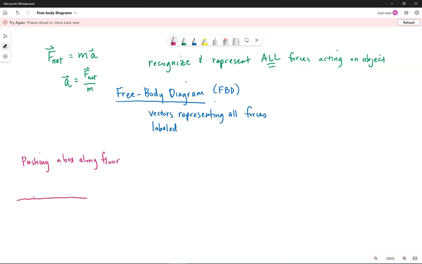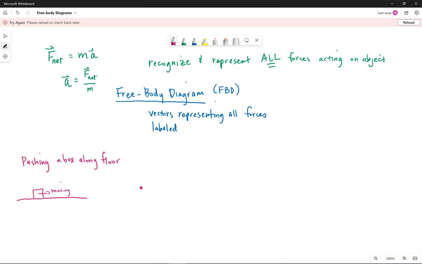So in general, I have a box, I know I'm pushing it, so it's moving along the floor. That's my rough sketch. My free body diagram, right now, we are using what's called the particle model.